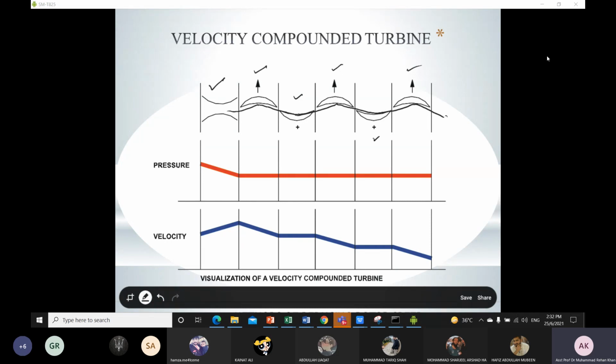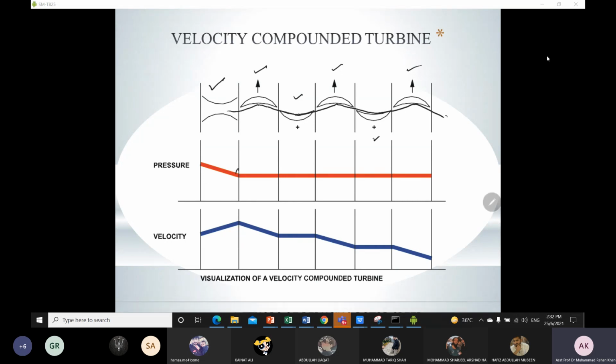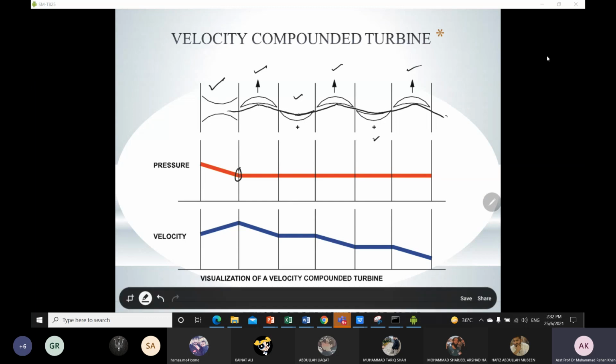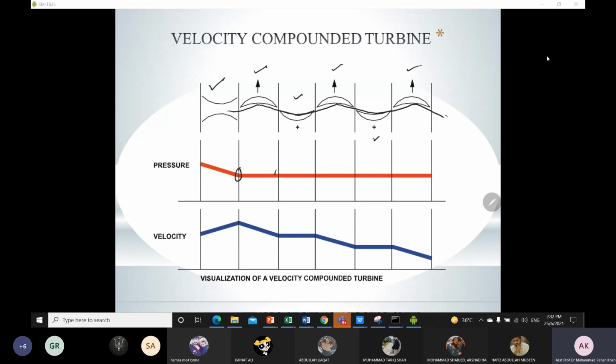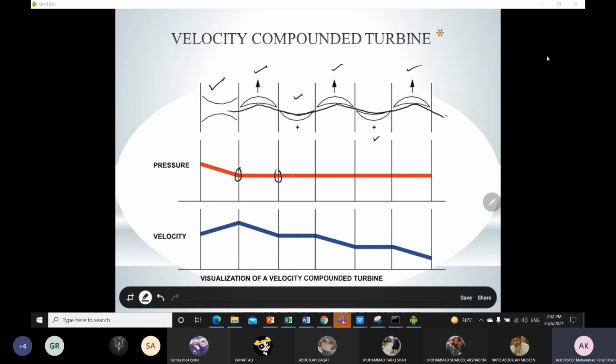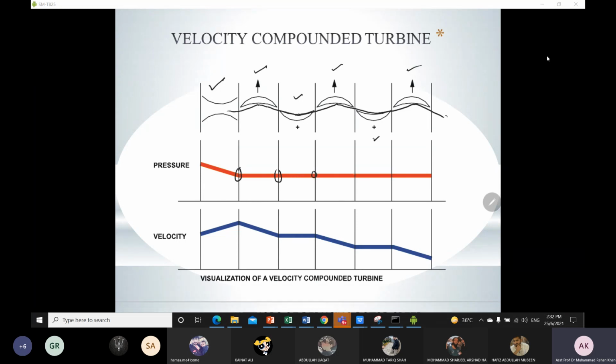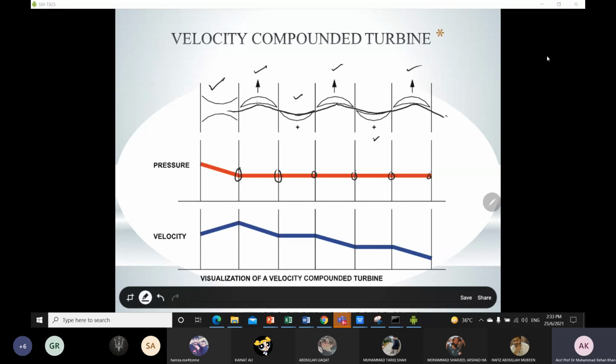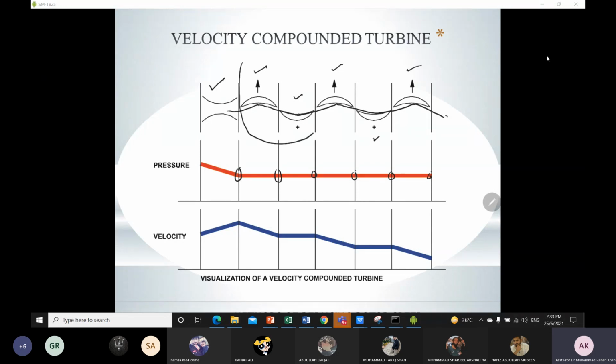If we look into the pressure velocity diagram, the pressure decreases at the end of the nozzle, then as the steam passes through the moving blade it remains constant, and then at the stationary blade it also remains constant in all the stages. Collectively, moving blade plus fixed blade we call one stage.